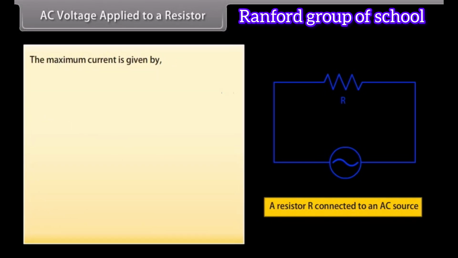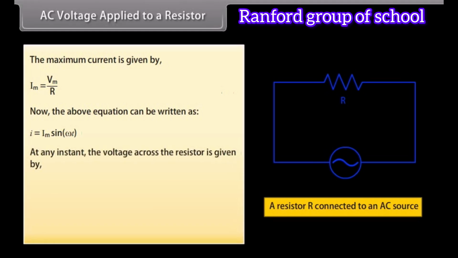The maximum current is given by Vm/R. Now, the above equation can be written as I = Im sin ωt. At any instant, the voltage across the resistor is given by Vr = IR.